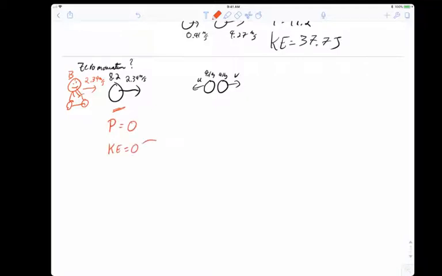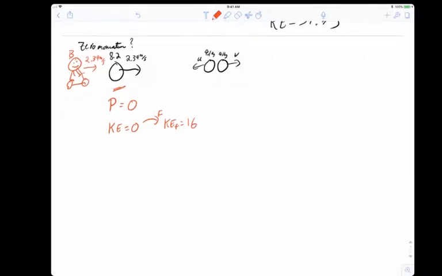The final kinetic energy is equal to 0 plus 16, 16 joules. And then, according to this observer, in his view, the rock started off not moving. And then afterwards, you had these two bits moving with, I'll call it UB and VB. Okay?